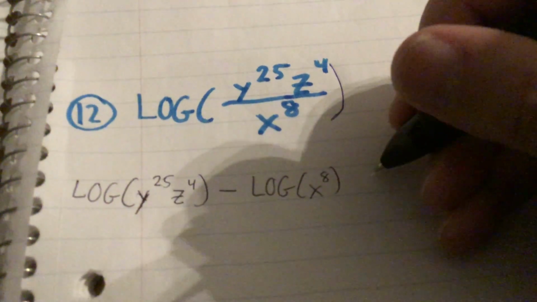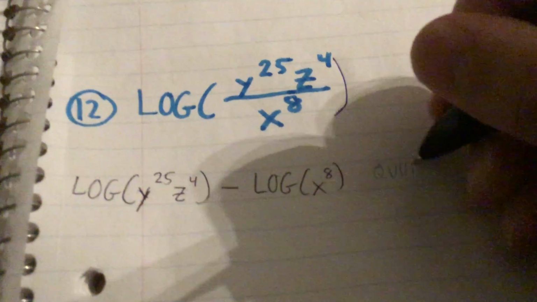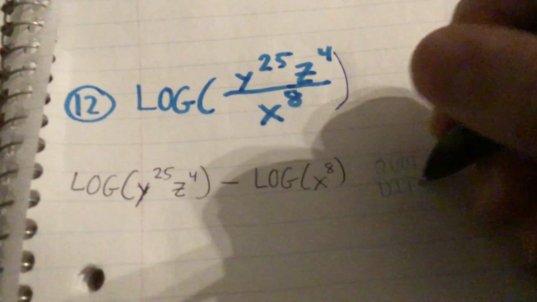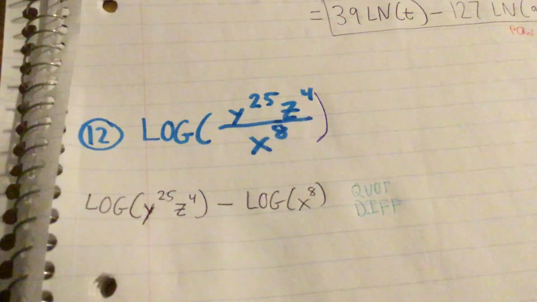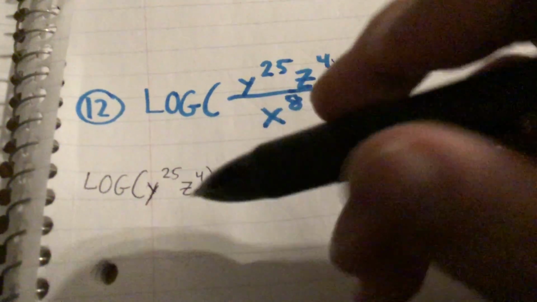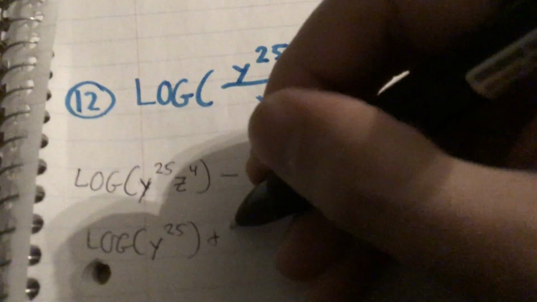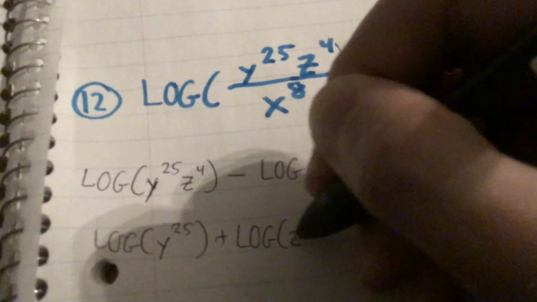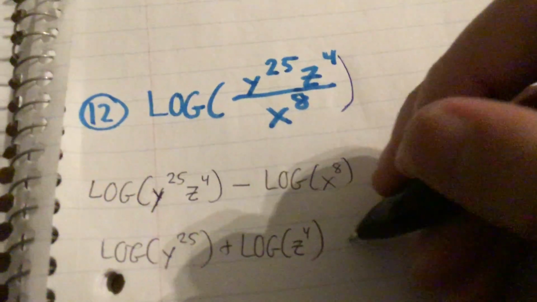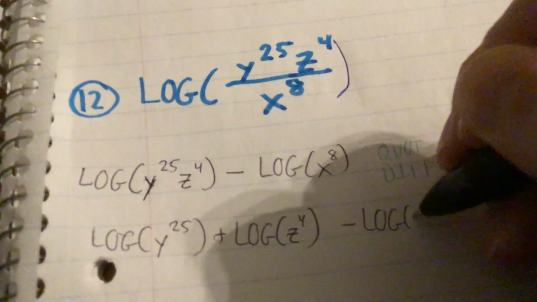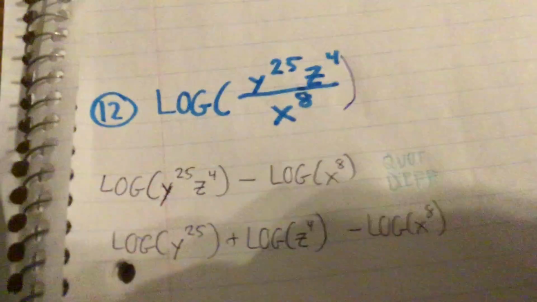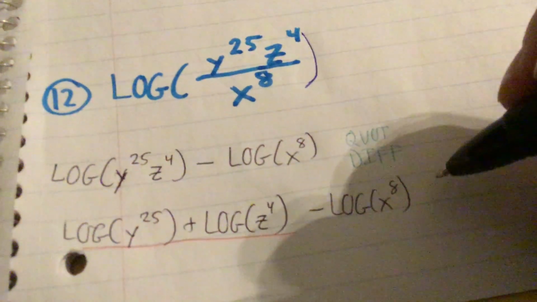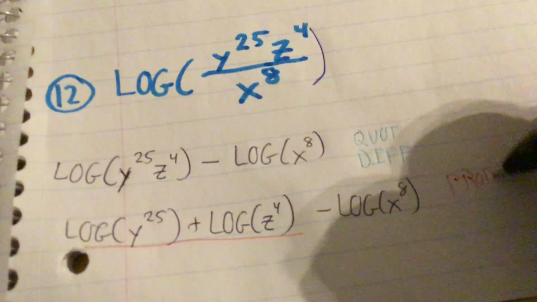The reason why we did this is because of the quotient difference rule. And I can break this up: log of y to the 25th plus log of z to the 4th. And then don't forget about the minus log of x to the 8th over there. Remember, I could do this part because of the product sum rule.